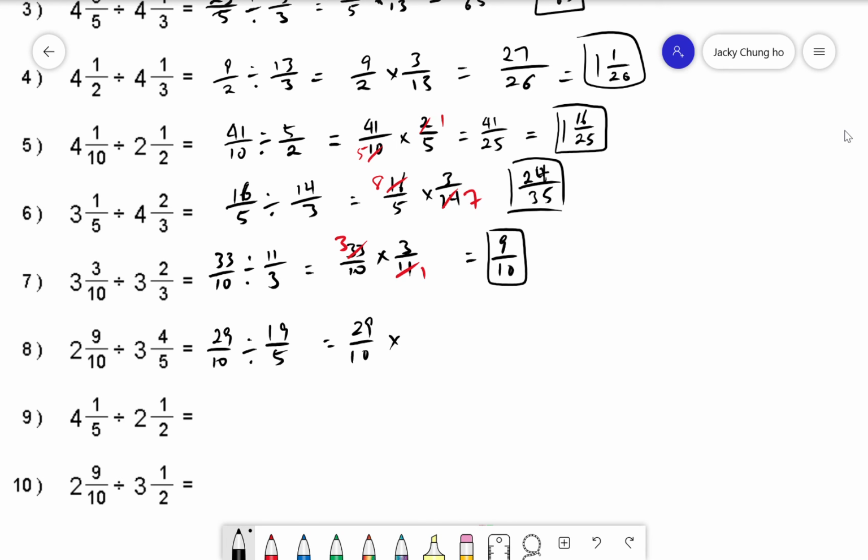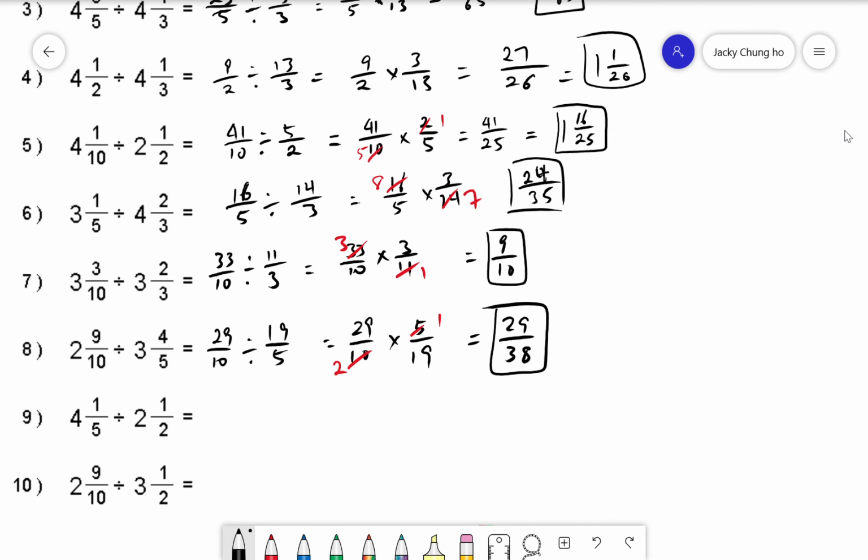Multiply the reciprocal form of it, which will be 5 over 19. To save us some time, I will use reductions here, 1 and 2. So 29 times 1 is 29 over 19 times 2, which is 38. 29 over 38, that's our final answer.